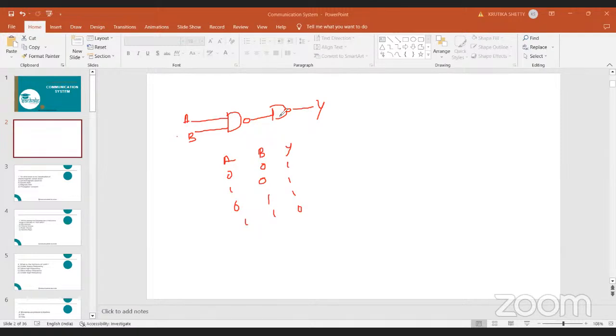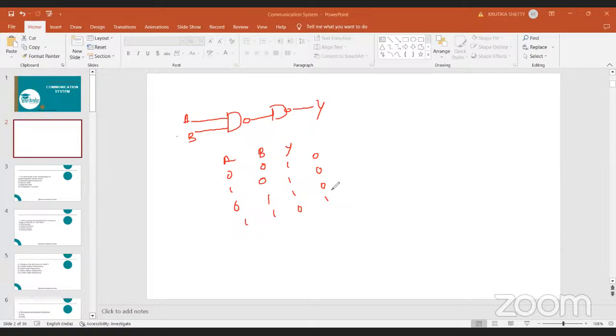Now whatever it is there, it is the negation of that. Negation means whatever value you are getting, 1 becomes 0, and 0 becomes 1, again 0 0. So this is 1. Which table is this? It is 0 0 0 1. Only when 1 1 is there do we have the output 1.